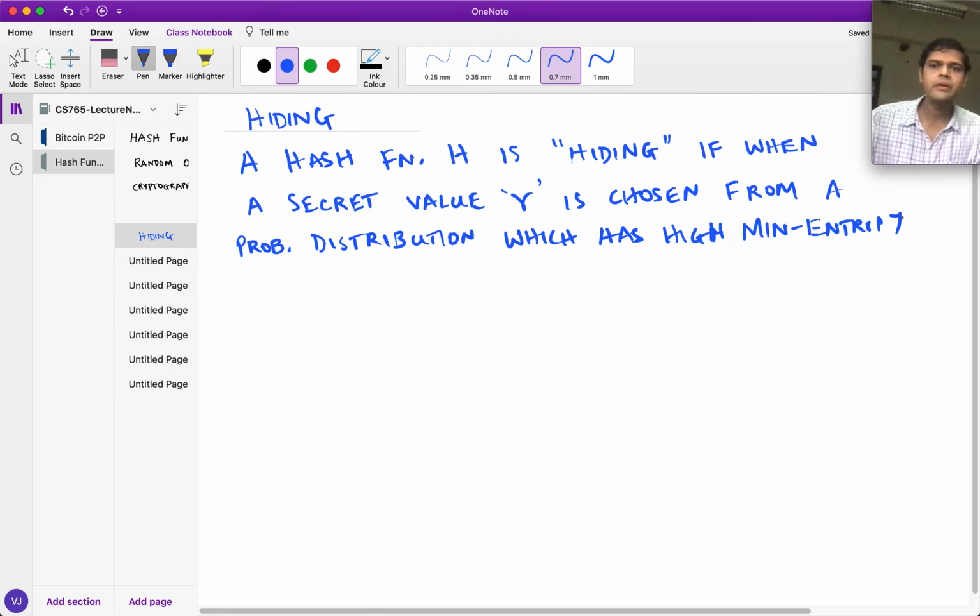So high minimum entropy means that the random variable is very random. We'll see the exact definition of what it means, but it should be hard to guess what that random number is. So it has high minimum entropy.